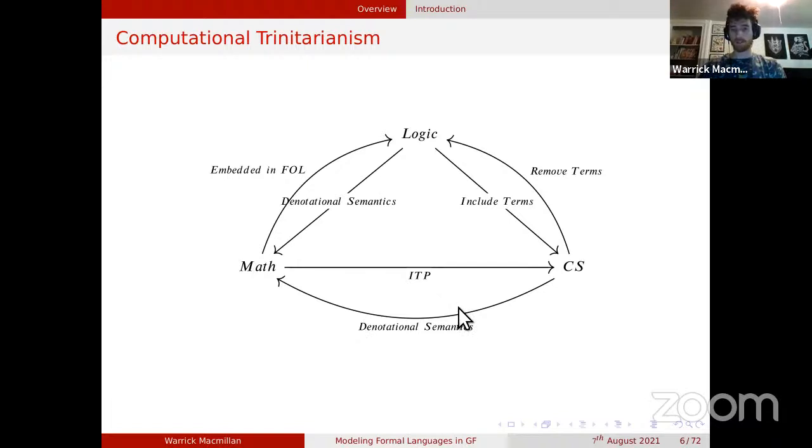From math to computer science, we have interactive theorem provers from one side, so you can implement math in a programming language via, in our case, Agda, but others like Coq or Lean or HOL, there's a bunch of theorem provers. And we'll see more of that later.